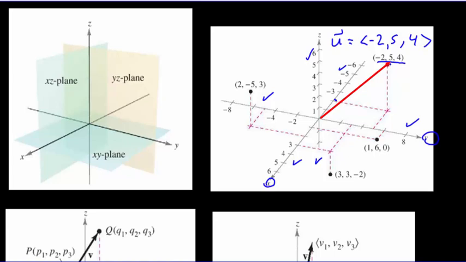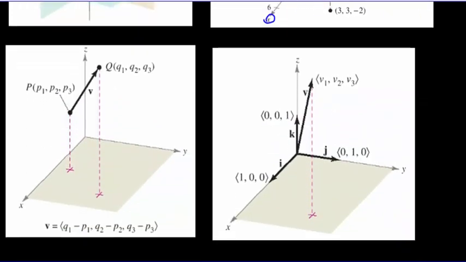We have these other vectors here. Maybe we have a vector pointing out here. All these vectors. And all that we know about vectors in 2 dimensions, we can expand to vectors in 3 dimensions. For example, let's suppose you've got a vector with an initial point at P and a terminal point at Q, and we want to put it in component form.